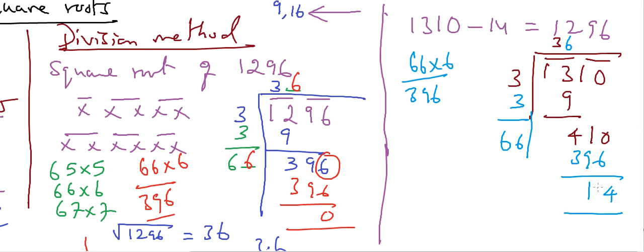So therefore the smallest number that must be subtracted from 1310 to make it a square number is 14. This is the answer we got, 14.